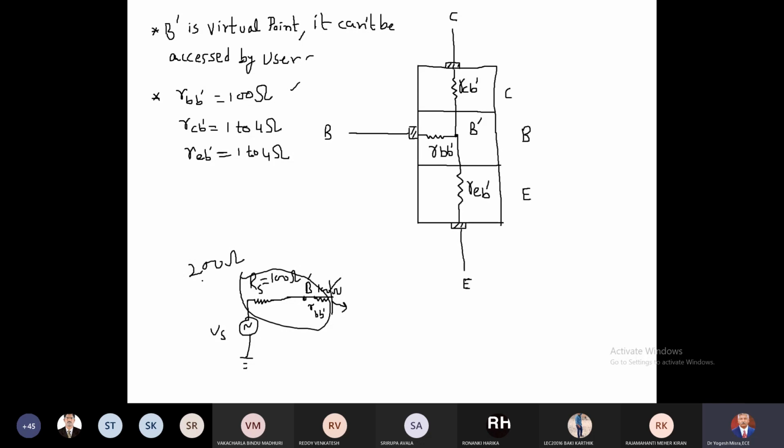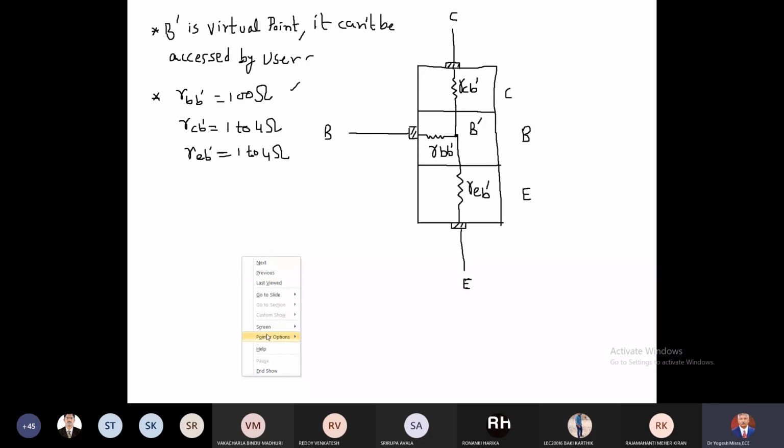It changed, a 100% change is there in this resistance, right? So we cannot neglect this R_BB'.